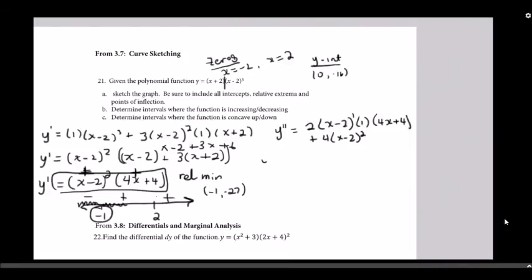So cleaning that up a little bit, we can factor out a 2 times x minus 2. That's going to leave a 4x plus 4 plus 2 times x minus 2.